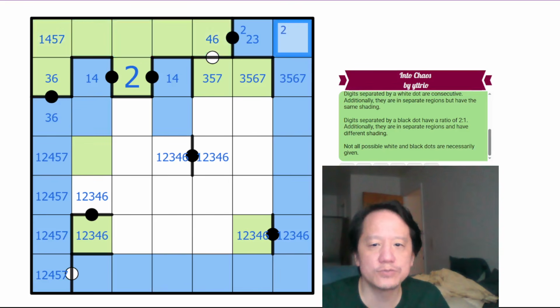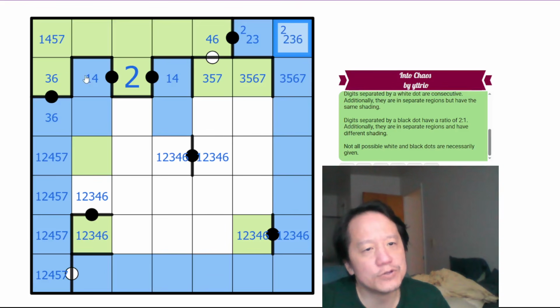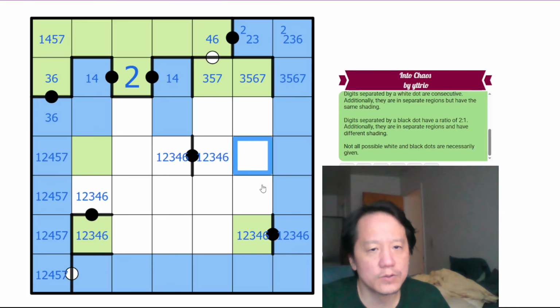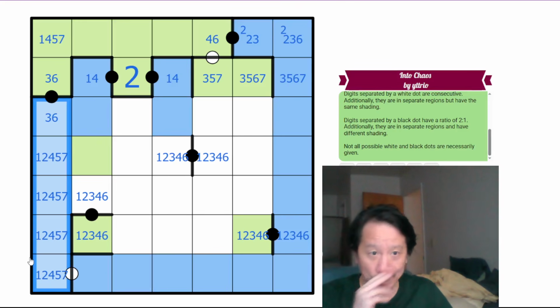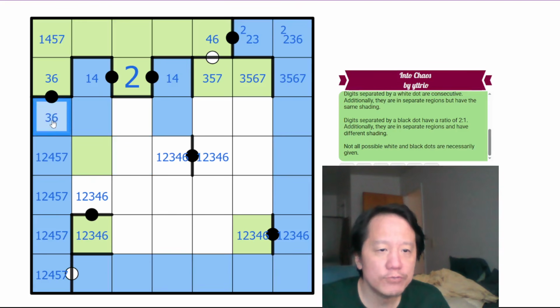So this is 2, 3, or 6 here. We don't know which one of these that's there. We don't know if this is the same region or not.